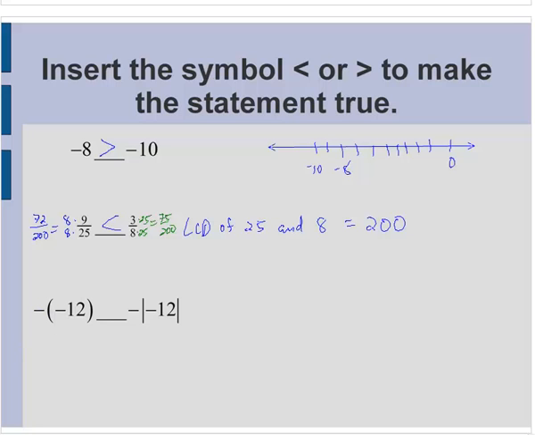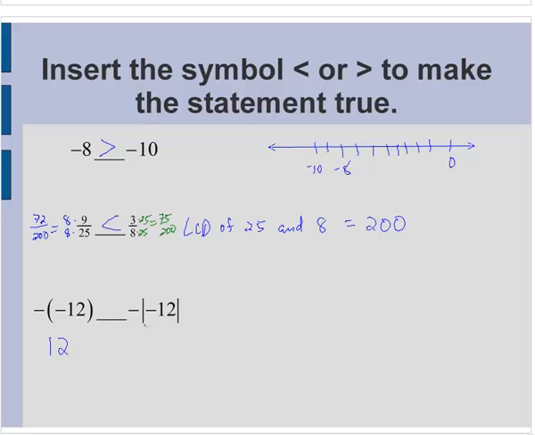The opposite of negative 12 and the opposite of the absolute value of negative 12. We need to be careful here. The opposite of negative 12, that's that double negative thing that we saw earlier. The opposite of negative 12 is 12. We have to be careful on the right-hand side because these are not parentheses.